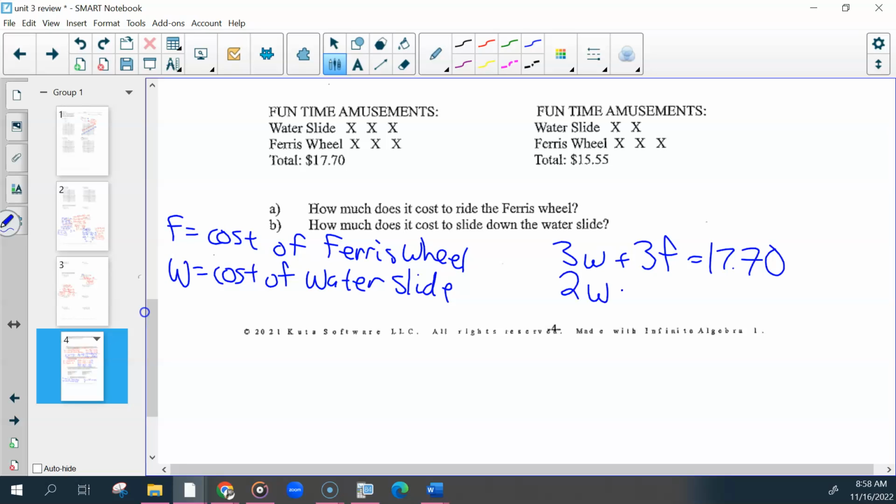And 2W plus 3F equals 1555. So it looks weird, but the setup is really the same. From there, you could choose which method you want to solve. Elimination would probably work best because you already have a common coefficient. And I'm going to stop that there.